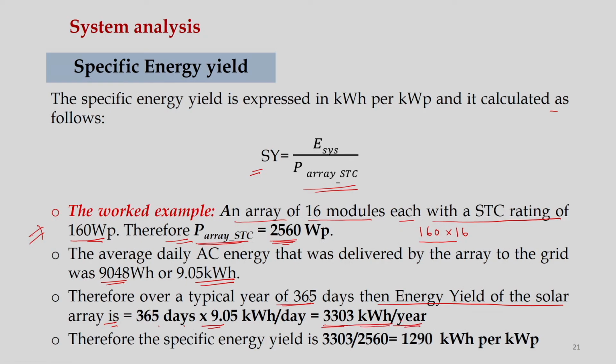Therefore, the specific energy yield will be 1290 kilowatt hour per kilowatt peak. This specific energy is very, very important. In this problem what we got is 1290 kilowatt hour per kilowatt peak.